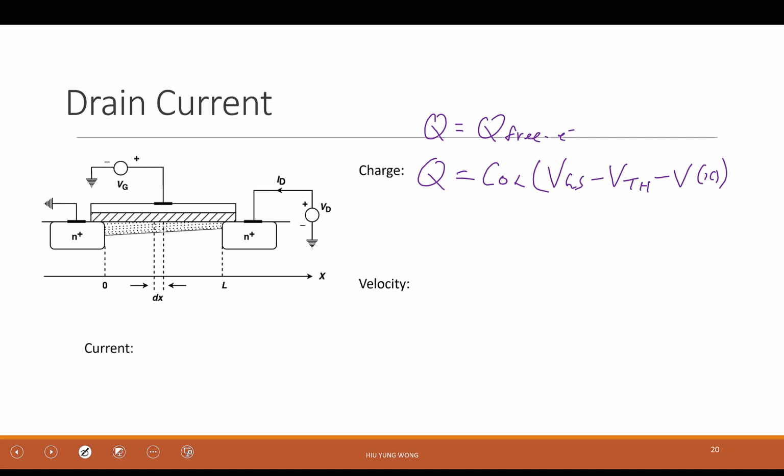This is the charge. And then we also know that the current equals the electron charge times the width, times the velocity, and then times the charge density. Again, this needs some time to understand, but we don't need to go over this in class. It makes sense, right? It's just like, how much water is going through this freeway? Well, I have many trucks carrying the water. What's the water flow rate?